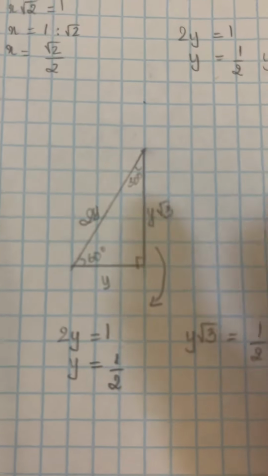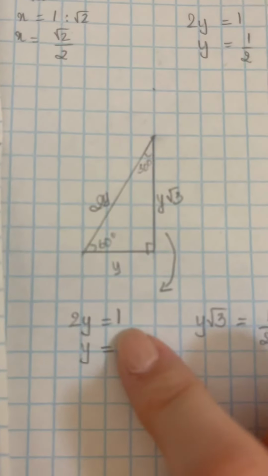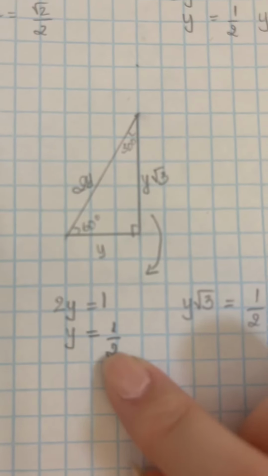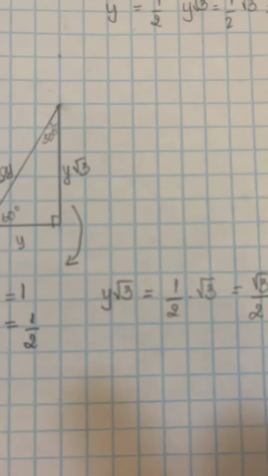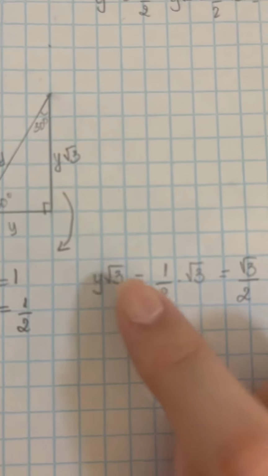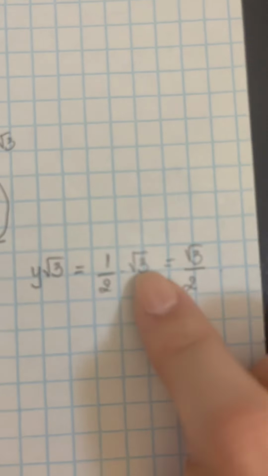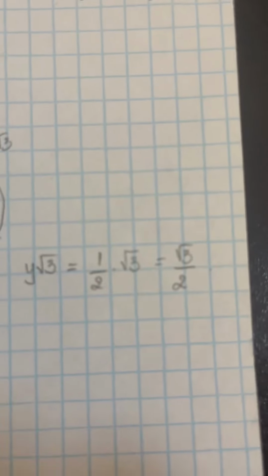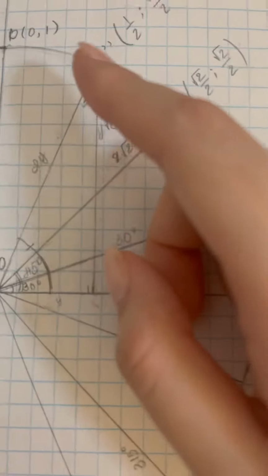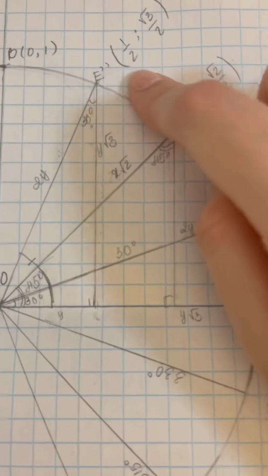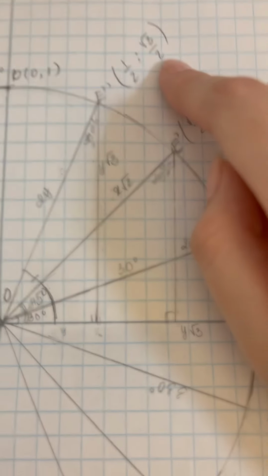So the same: we have 2y equals 1, so y equals 1 over 2, and y square root of 3 equals 1 over 2 multiplied by square root of 3, which is square root of 3 over 2. So the coordinates of this triangle are 1 over 2 and square root of 3 over 2.